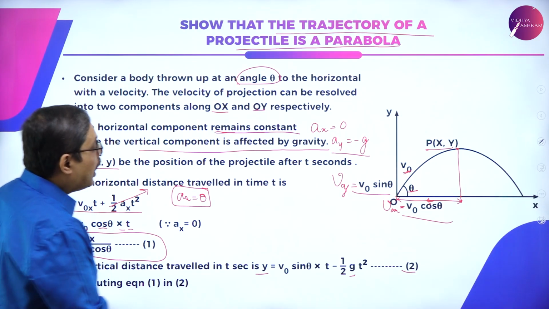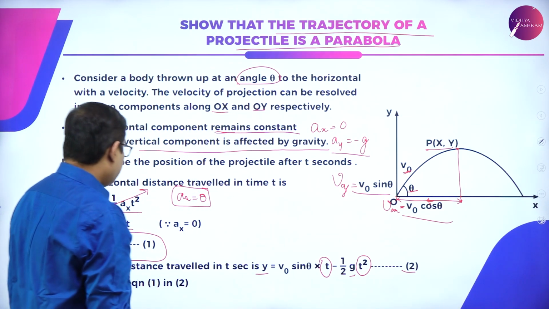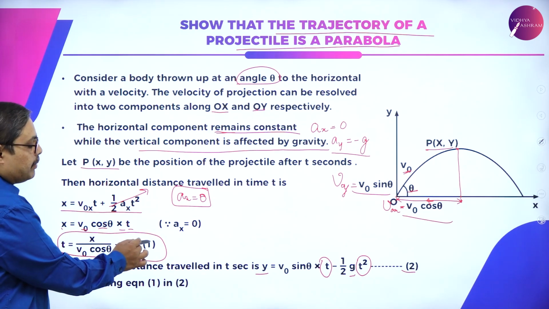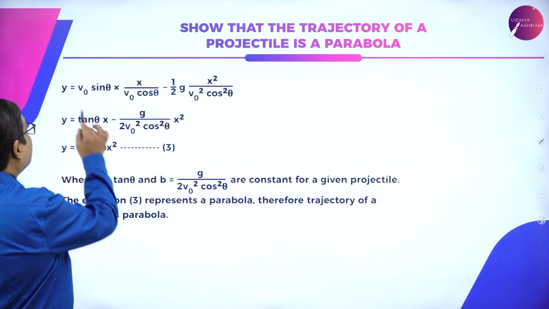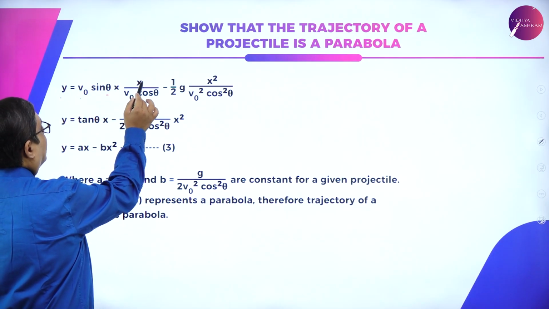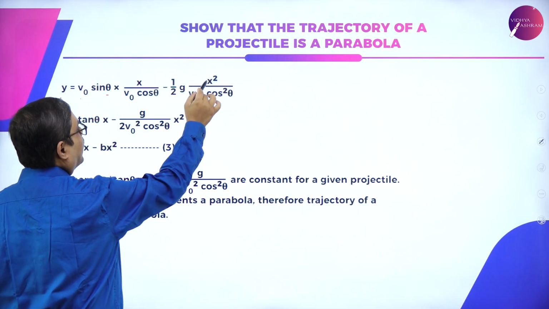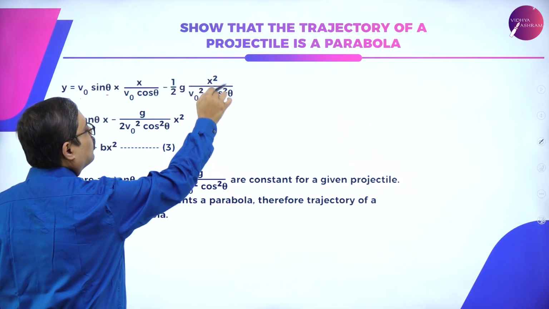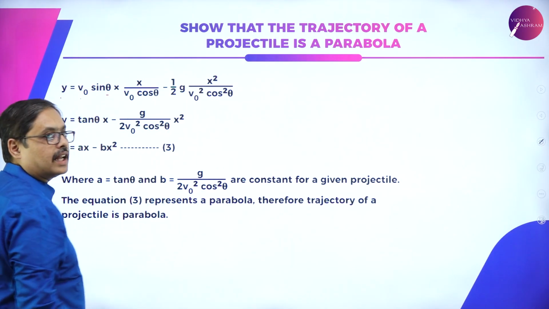For the terms of time t and t square, let me substitute the value of t from equation 1 into equation 2. What will happen? y is equal to v0 sin theta into x by v0 cos theta minus half g into t square, where x by v0 cos theta whole square becomes x square by v0 square cos squared theta.